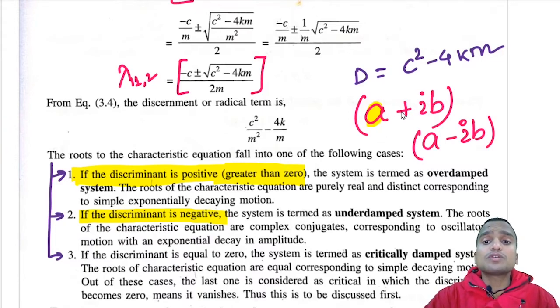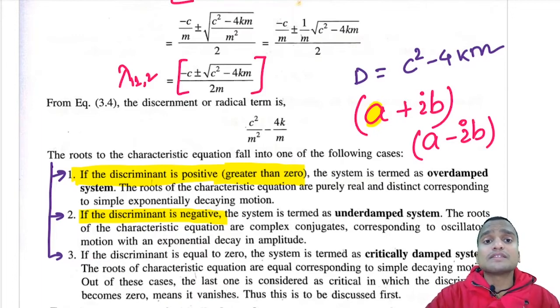This is a complex conjugate, corresponding to oscillatory motion. Here the motion will be oscillatory with an exponential decay in amplitude. This type of graph we will discuss one by one.